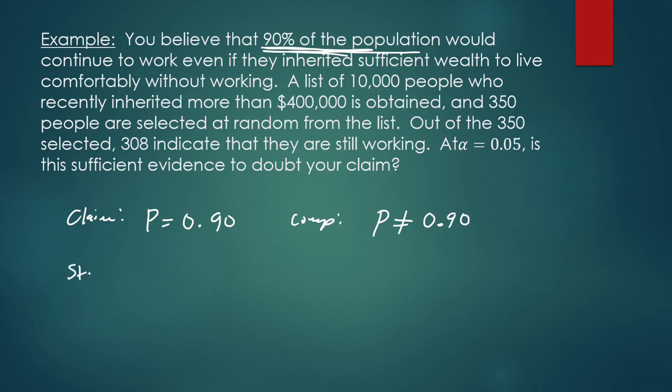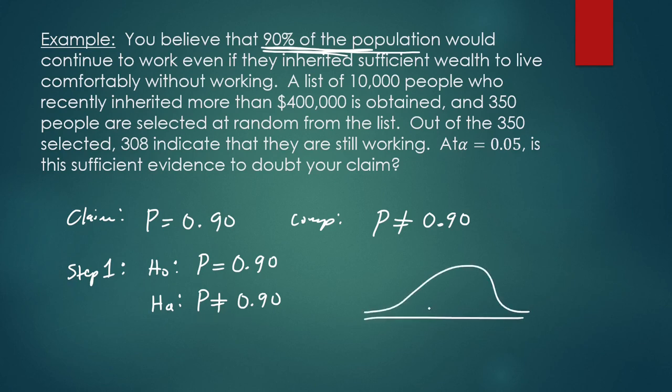In step 1, I have to decide which one's the null hypothesis and which one's the alternative hypothesis. The null hypothesis is the one with the equal sign, so p is equal to 0.90, and the alternative hypothesis is p is not equal to 0.90. If you look at the alternative hypothesis, we notice that this is the not equal symbol. So this is a two-tailed test.